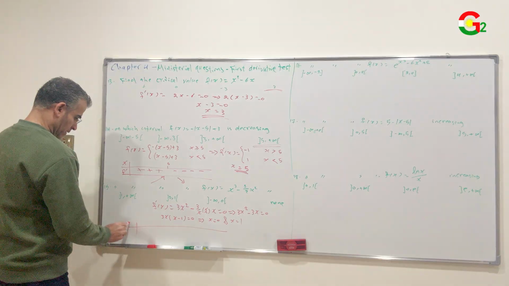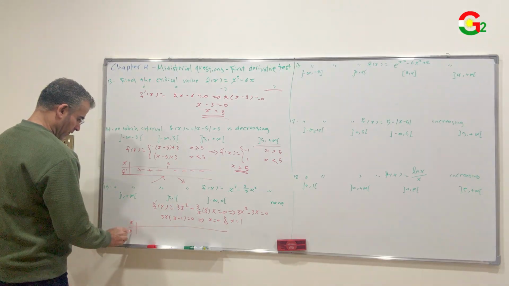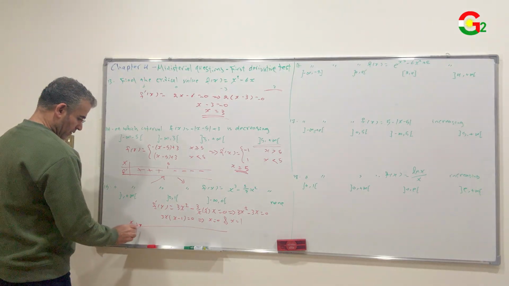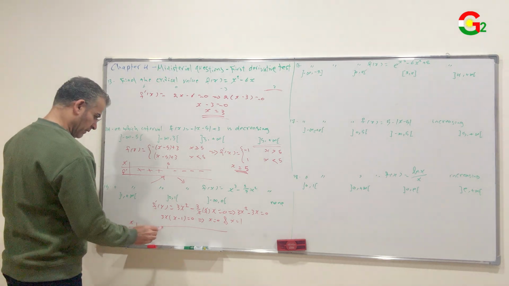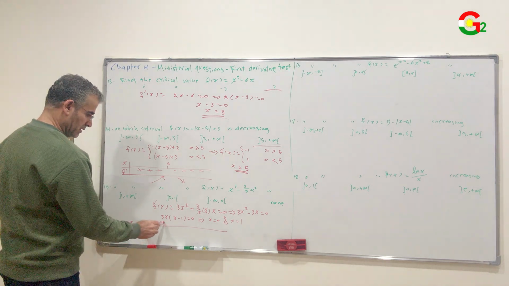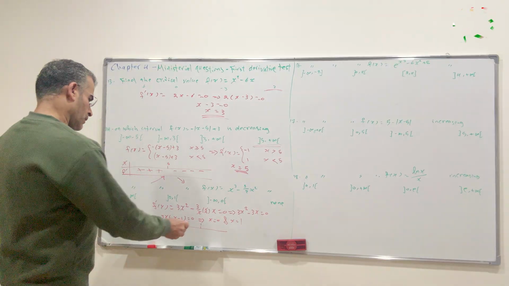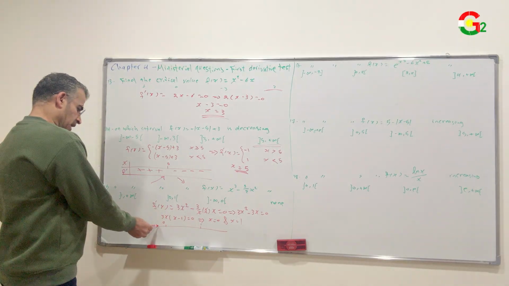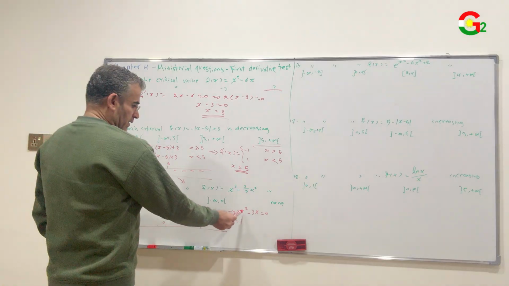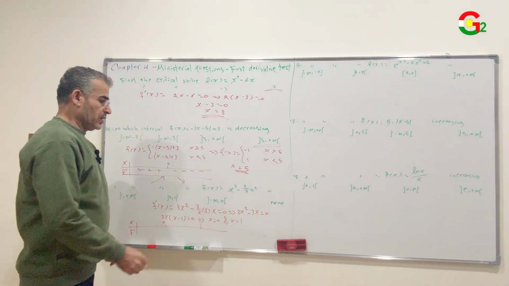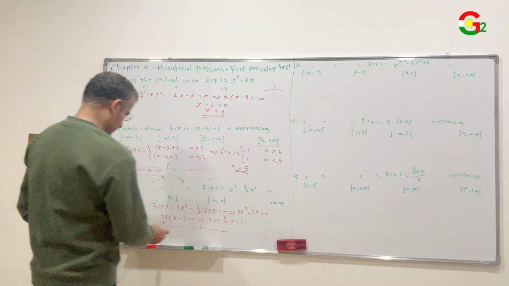Find the sign of the derivative before and after these values. This is 0 and this is 1. When x is less than 0, take negative 1: 3 times negative 1 squared is 3, plus 3, it is positive.